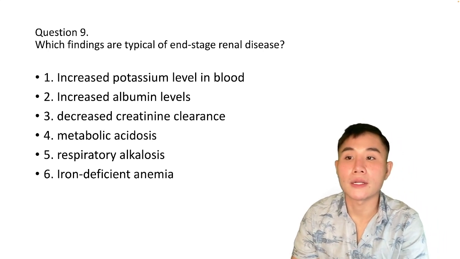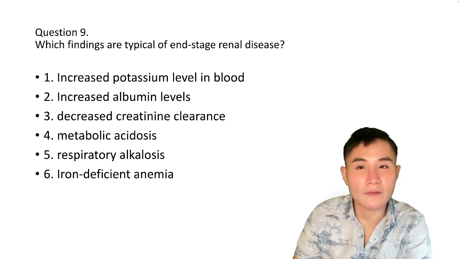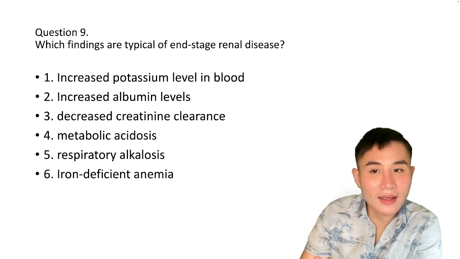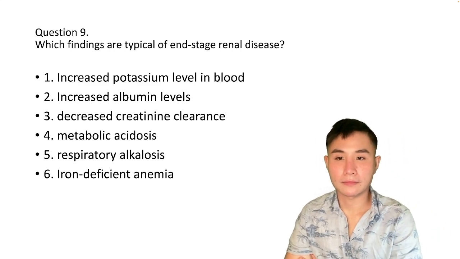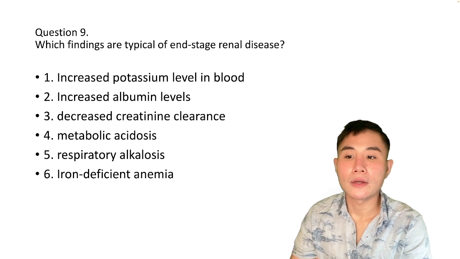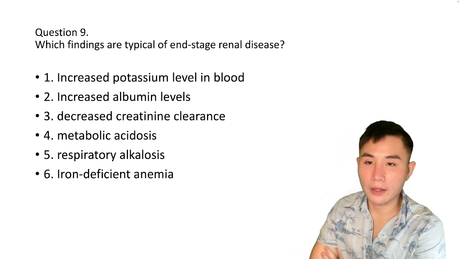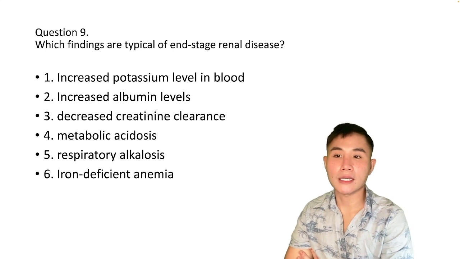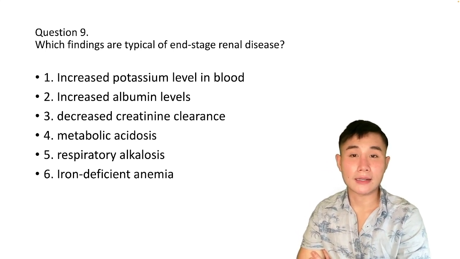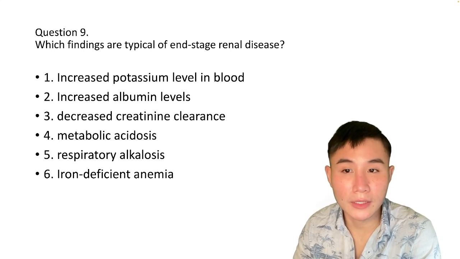So number 1, increased potassium level in the blood. Is this a typical finding of end-stage renal disease? Yes, this is correct. Why? The reason is, if we have an increased potassium level in the blood, this means the kidney is not working as well, because a healthy kidney excretes potassium, right?